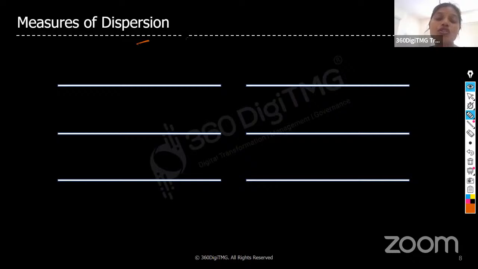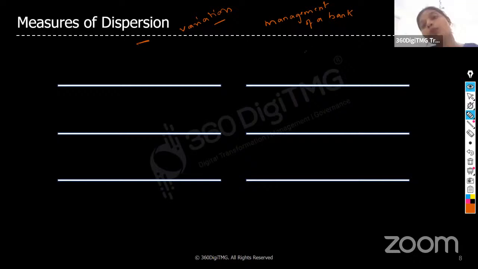So what is variation? Imagine, as in the example before, the management of a bank is present across 2 different locations, Malaysia and Singapore.